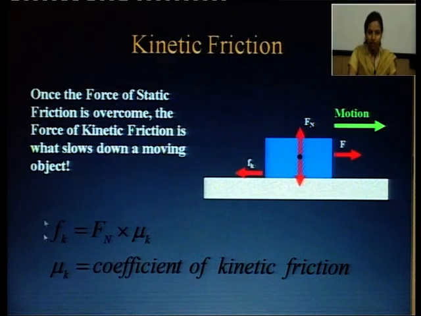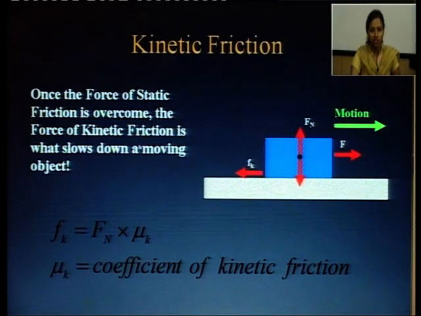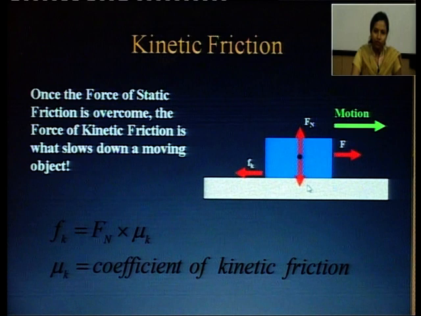Similarly we define, once the force of static friction is overcome, the force of kinetic friction is what slows down a moving object. The meaning of these lines is that first the body is at rest, and the force of friction which comes into play is static friction.